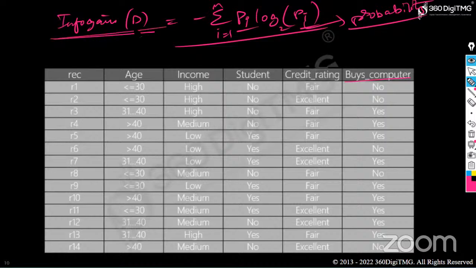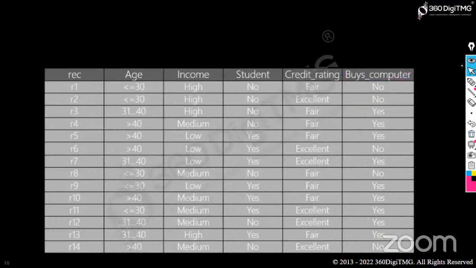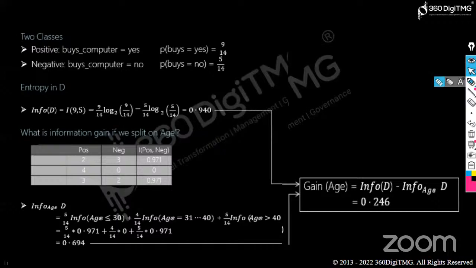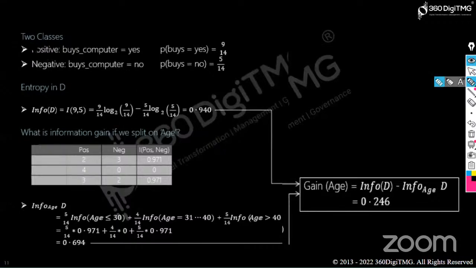Now, information gain of the Bayes computer. When I calculate the probability for the information gain of the overall data set, you will be having 14 rows.